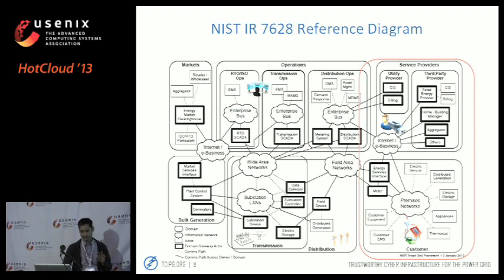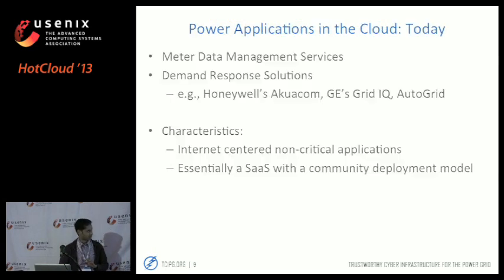There are applications in the cloud, and this is why I want to point this out. If you see here, there is internet and e-business. Applications that are already using internet or e-business, I think the sector is comfortable with and they've already moved. So let me show you that. Meter data management systems, their job is to collect and process the meter data from smart meters and bill you as a third-party service to the provider.